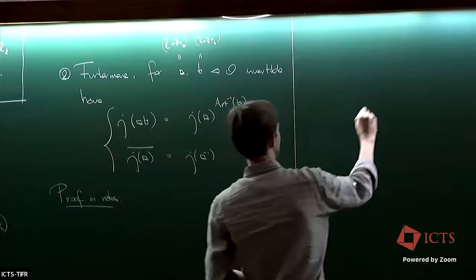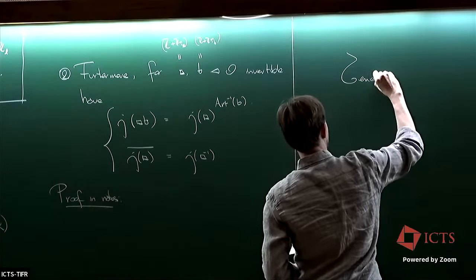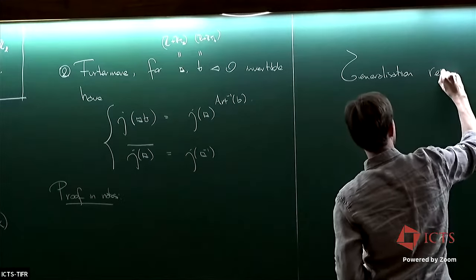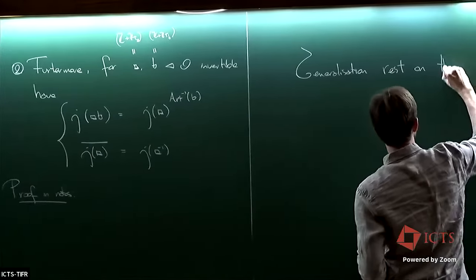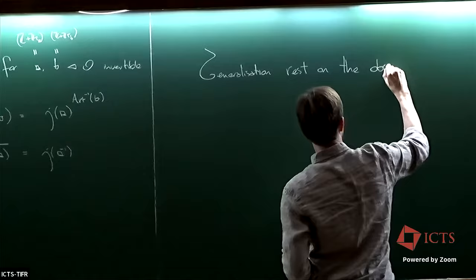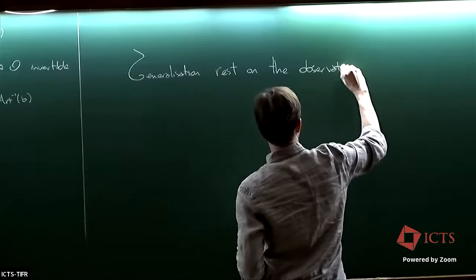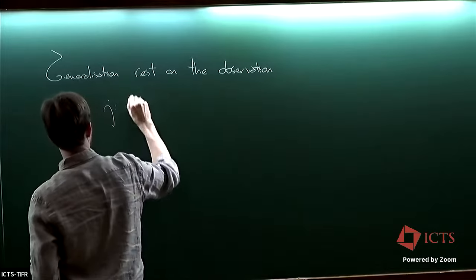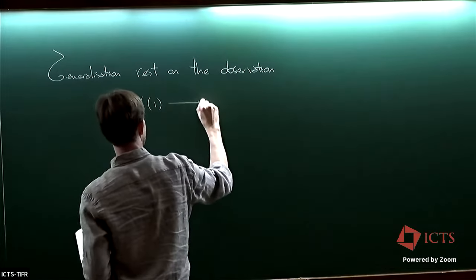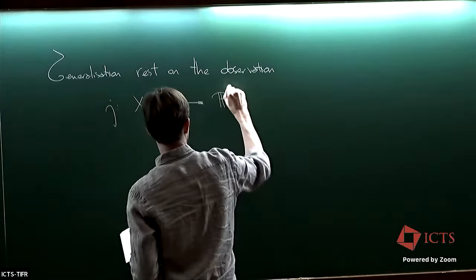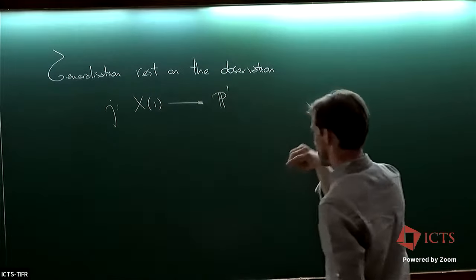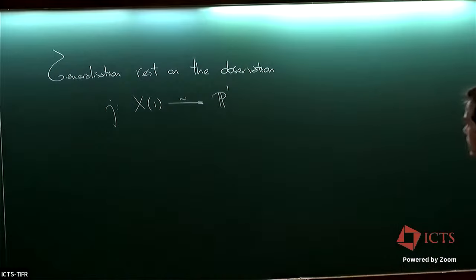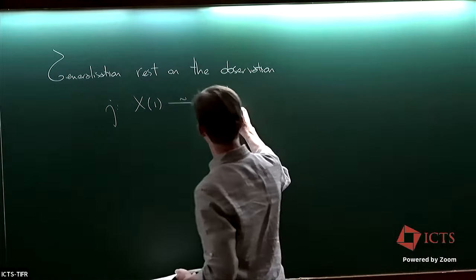So the generalization, I'll say, rests on the observation that the j function is really a uniformizer on X of 1. So it gives you an isomorphism between the modular curve of level 1 and P1, over Q, if you want.